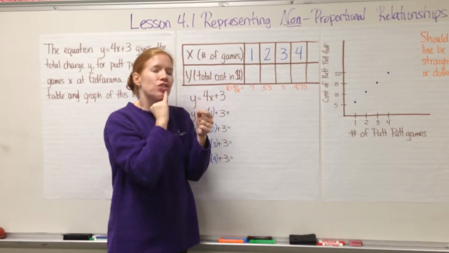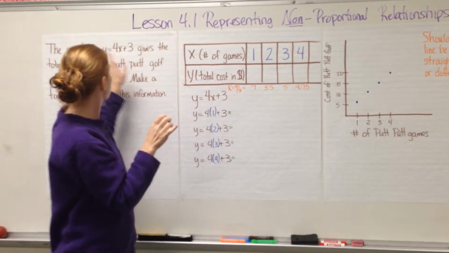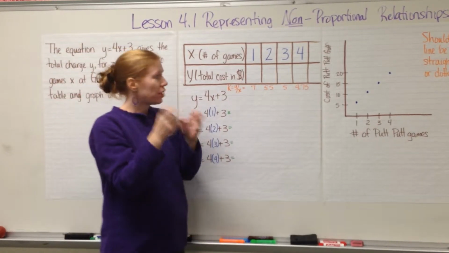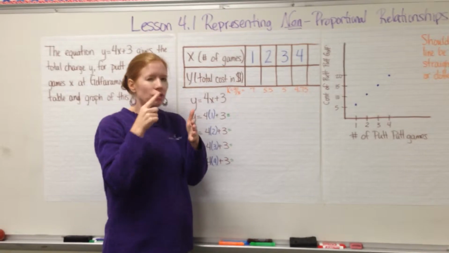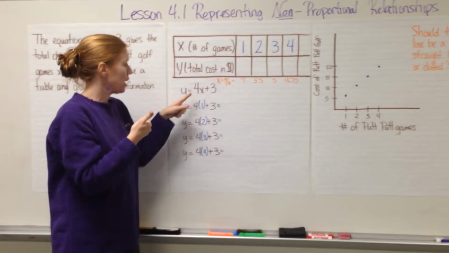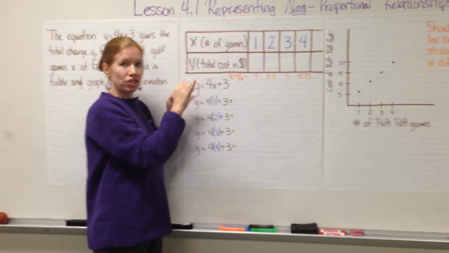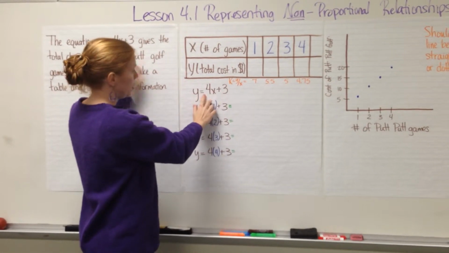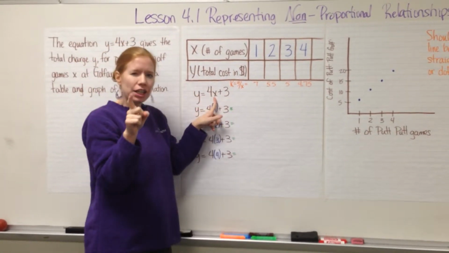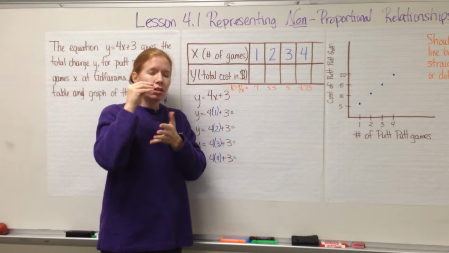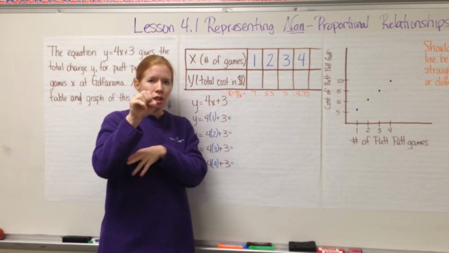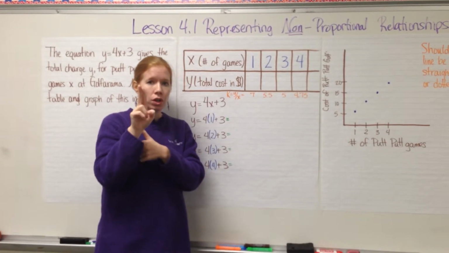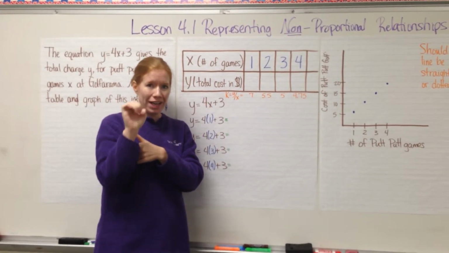Now what we're going to do is use this equation to figure out how much y is. y is the total cost for playing the games. Okay, so here is my equation that I copied. All right, and x, you remember before, we've already learned a lot about x. x is also called the slope or the unit rate.